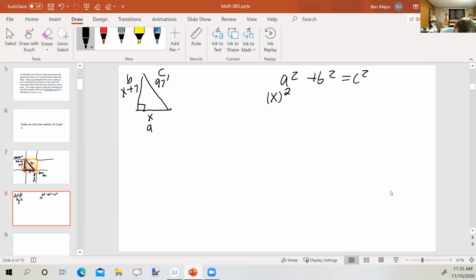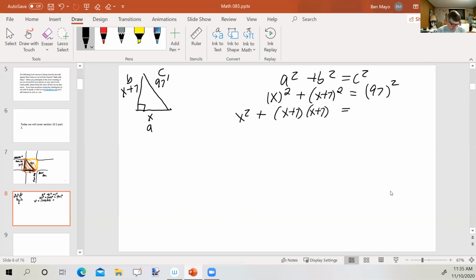X squared plus the quantity X plus 7 squared equals 97 squared, okay? Which gives me X squared plus X plus 7 times X plus 7 equals, let's see here, 97 squared is 9,409.